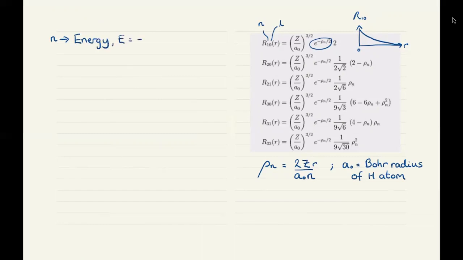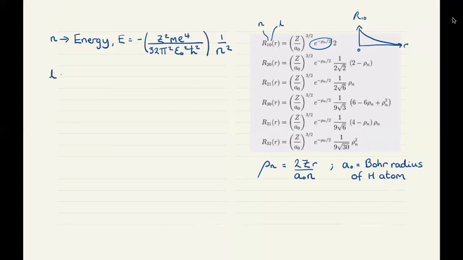The energy depends inversely on the square of the n quantum number with a whole bunch of constants, Z squared m e to the 4 over 32 pi squared epsilon 0 squared h bar squared.